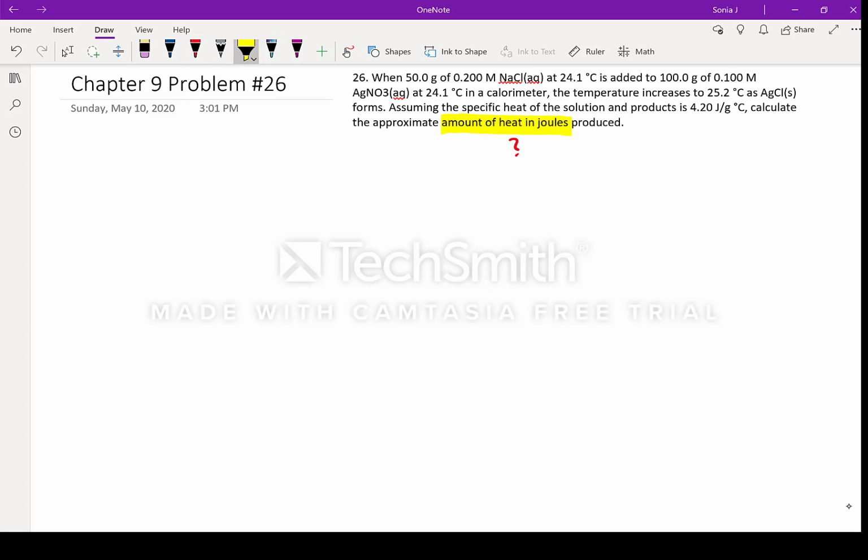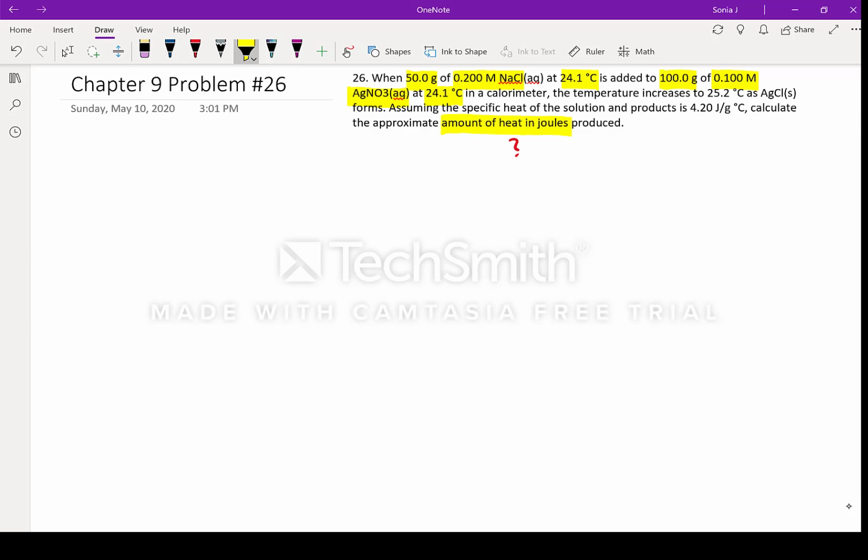We're given 50 grams of 0.200 molarity NaCl at 24 degrees Celsius, added to 100 grams of 0.100 molarity silver nitrate at 24 degrees Celsius.